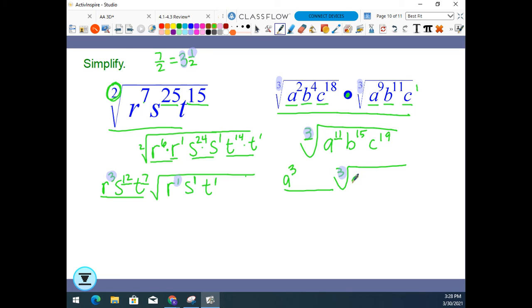That's 9 with 2 left over. With B, 3 goes into 15 evenly 5 times, so there's no B left over on the inside. For C, 3 goes into 19 6 times, that's 18, with 1 left over. Final answer.